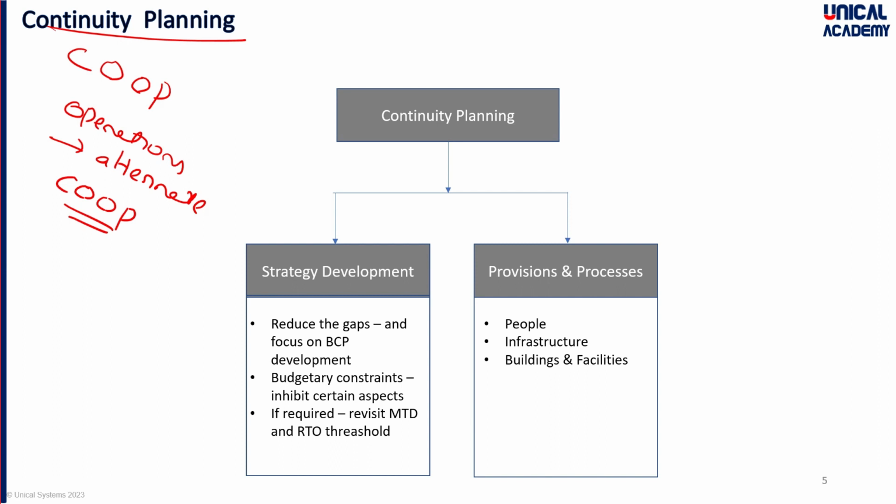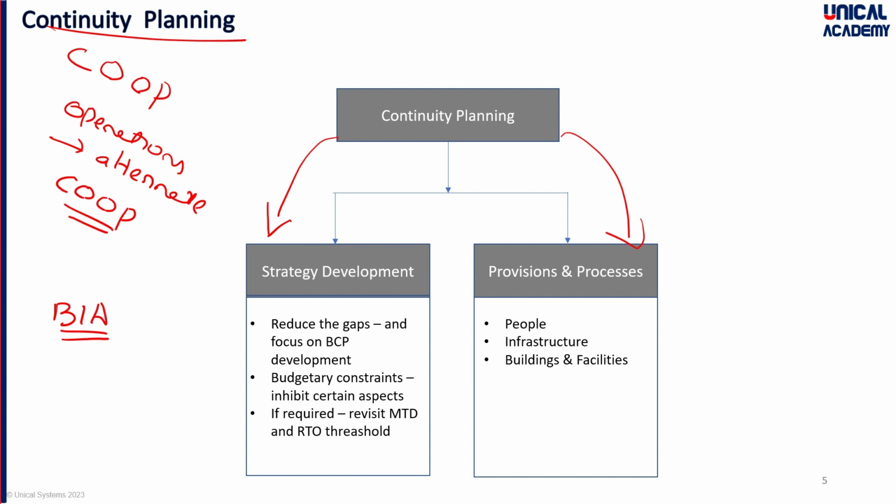This deals with two aspects: strategy development and provisioning and processing. What is strategy? BIA might have decided certain aspects based on ALE, SLE, and other aspects.